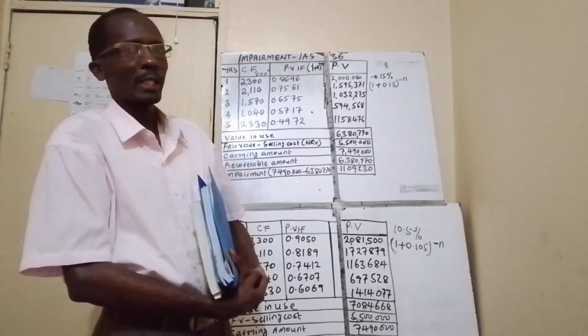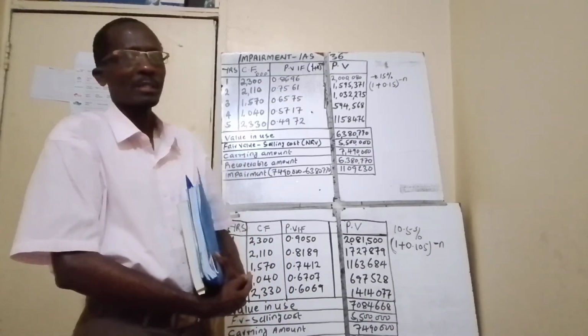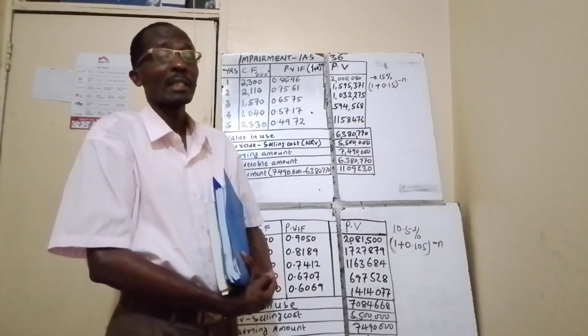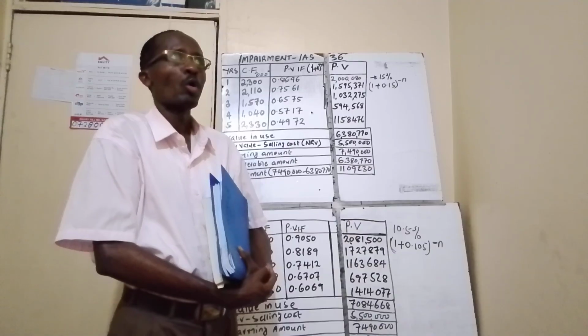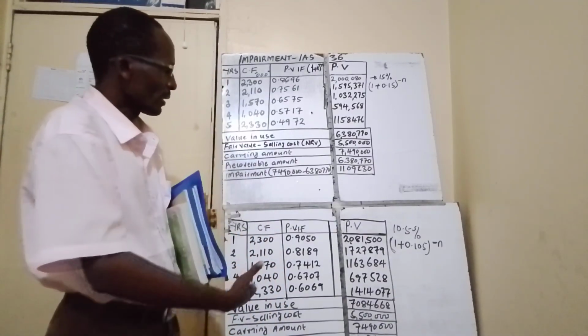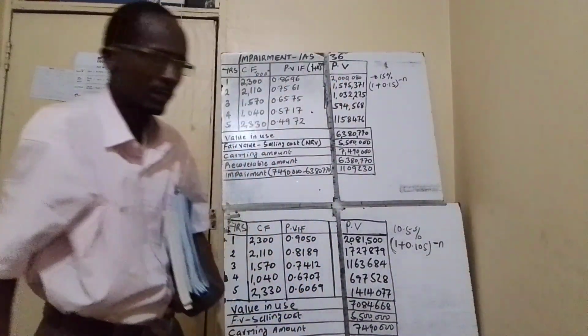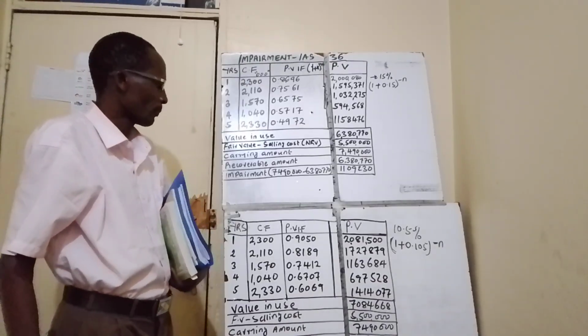Meanwhile, we will take a discussion about the meaning of impairment and how to calculate impairment or accounting for impairment. This is one of the illustrations that I will take as this discussion goes on.